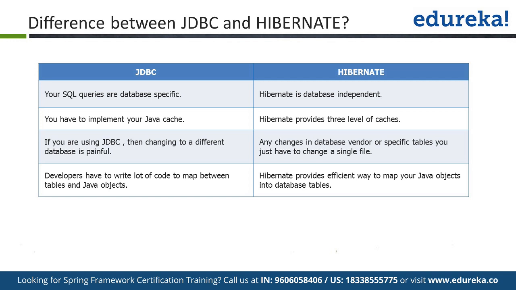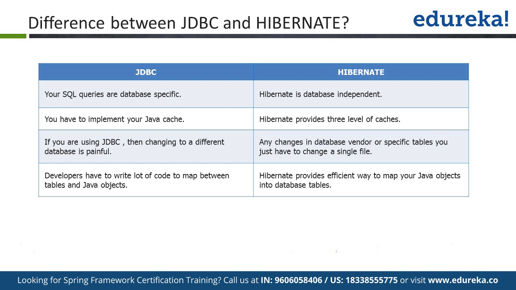Developers have to write a lot of code to map between tables and Java objects in JDBC, because you need to write your own queries and code to do the mapping between your POJO and your tables. Whereas Hibernate provides an efficient way to map your Java objects to database tables with the help of configuration files and annotations in the newer versions of Hibernate.